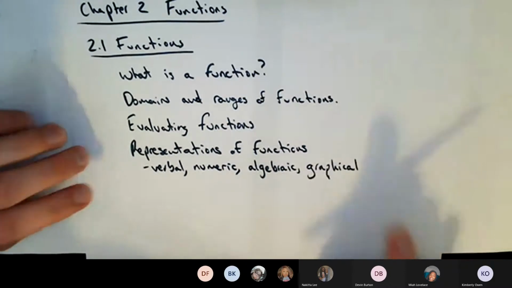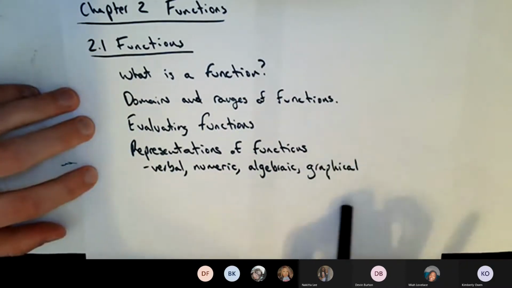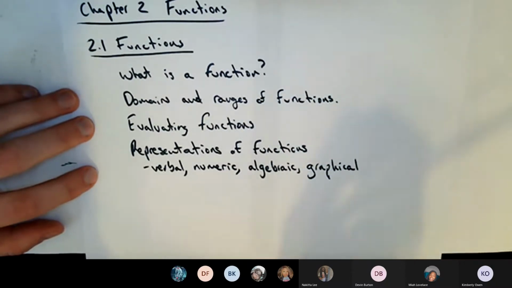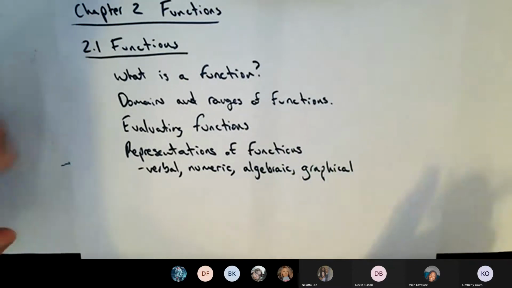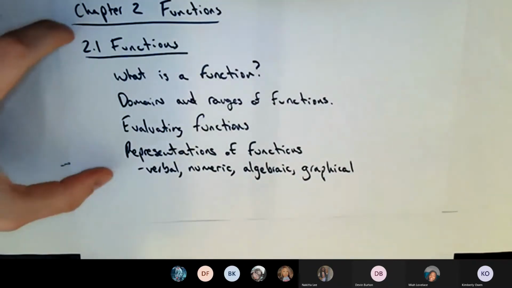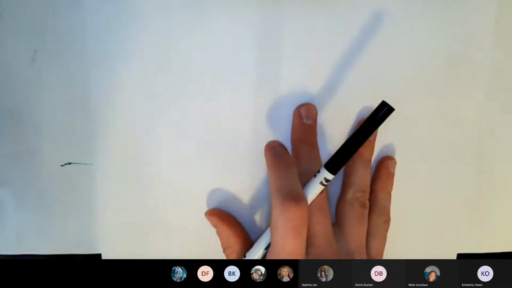That's going to be the culmination of the first half of this chapter: getting to where I can give you a function algebraically and you can create a graph. That's at least one of the major goals of this chapter. All right. So that's just a little rundown of 2.1. So let's go ahead and get into it.